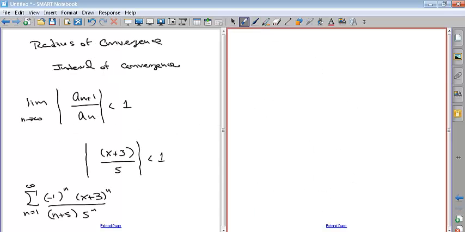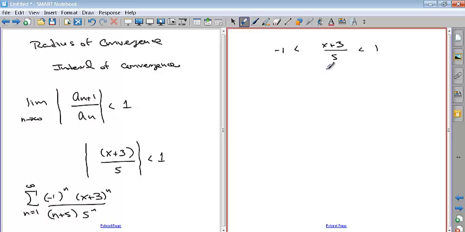So from this result, what is the interval and what is the radius? So the first thing we would do is replace this absolute value thing with this. The absolute value of this whole thing being less than 1 is the same as doing that.